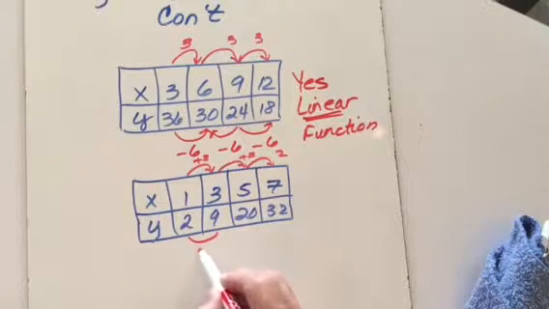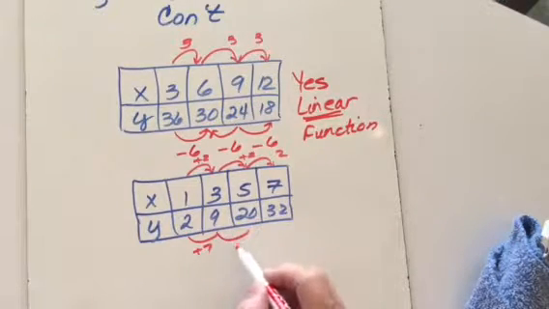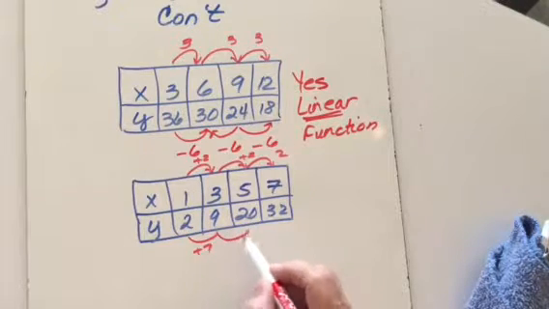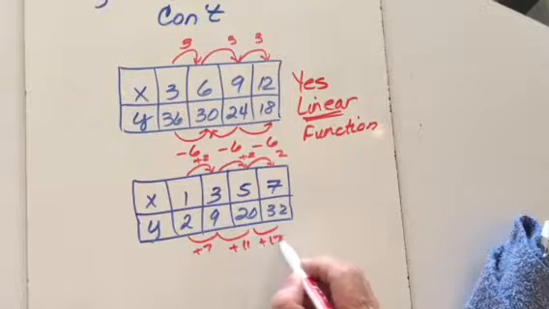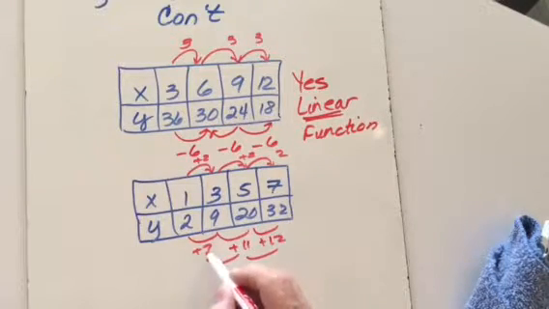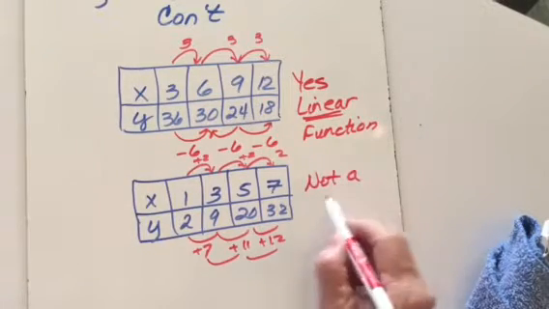We go plus 7 to get there. We go plus 11 to get here, and then plus 12. Well, you see how that's all different. This is not a linear function. It's not a linear function.